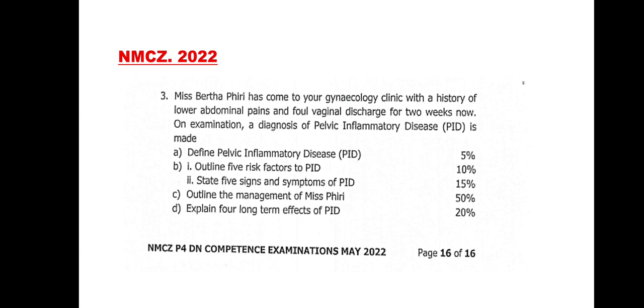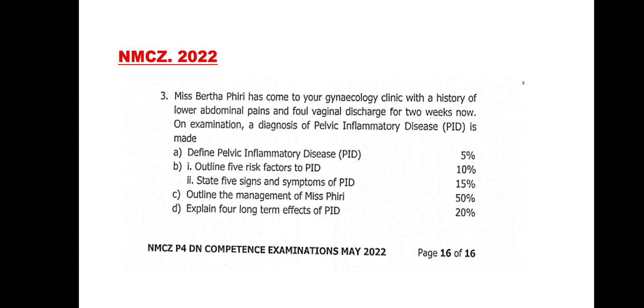And then the other sign and symptom we have is fever and chills. Fever and chills come due to systemic spread of the infection, which triggers an immune response and results in elevated body temperature. Remember, the immune response comes due to the inflammatory process.